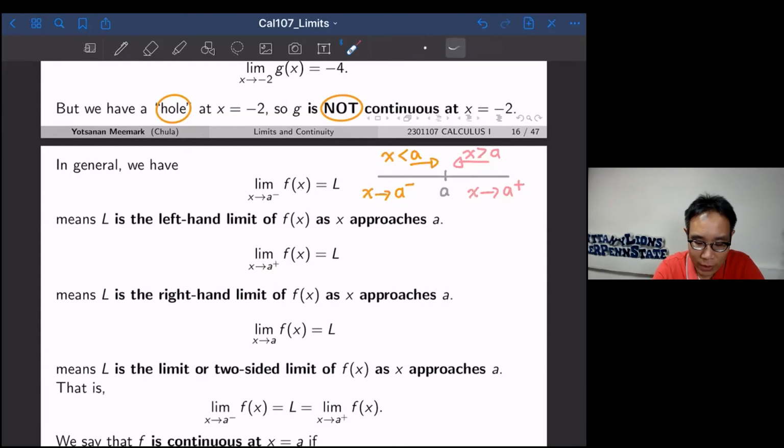So this one is called left, and this one is called right.